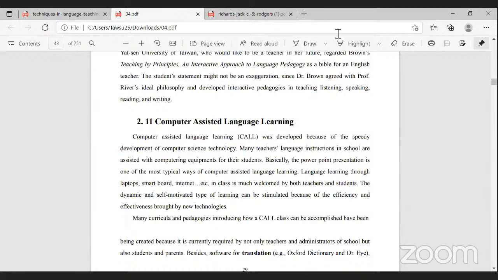So the other method is computer assisted language learning, as you can see on your screen. If you join any engineering college anywhere, you have a lab called the English Language Communication Skills Lab, abbreviated ELCS. That lab is divided into CALL, Computer Assisted Language Learning, and ICS, Interactive Communication Skills.